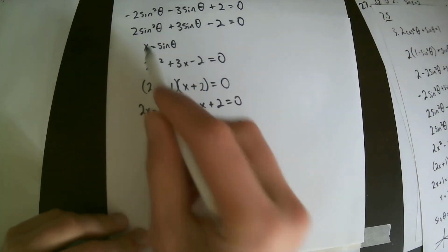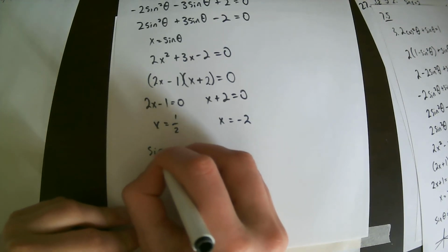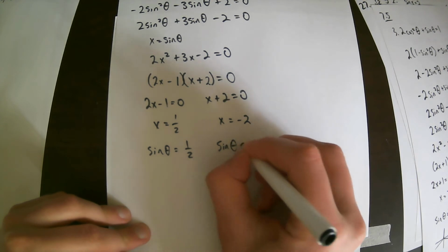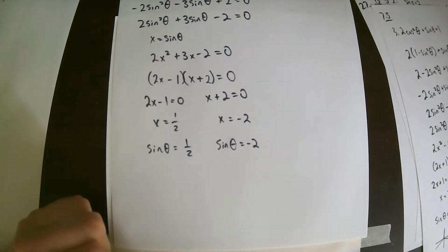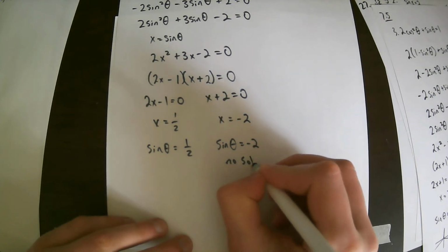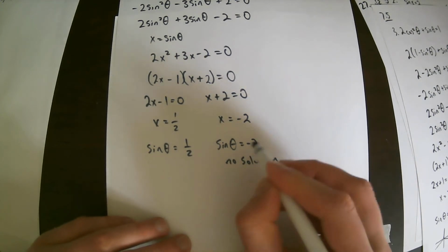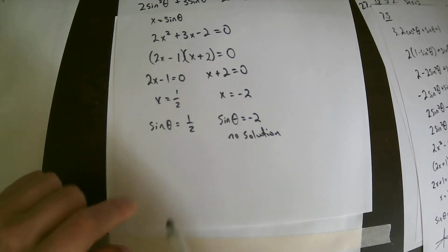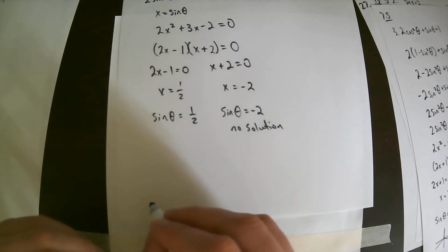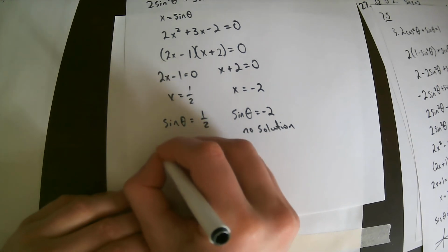Now replace x with sine theta. This has no solution. That's nice. That means we don't have to worry about finding all the angles to satisfy this. And this is one of those nice coordinates. Let's see. That's pi on 6.